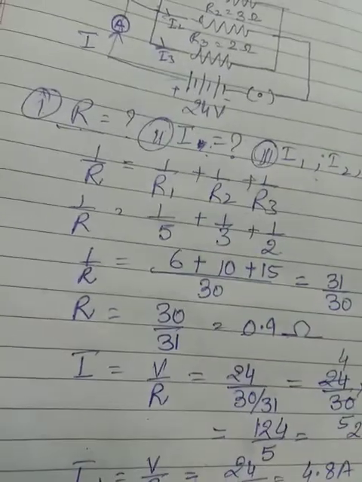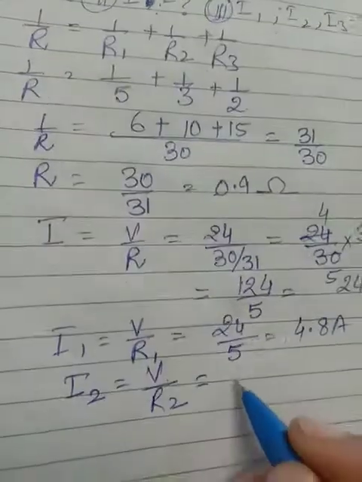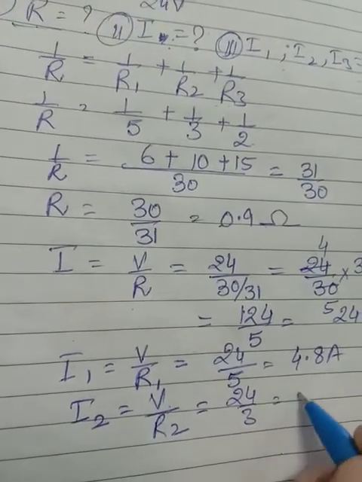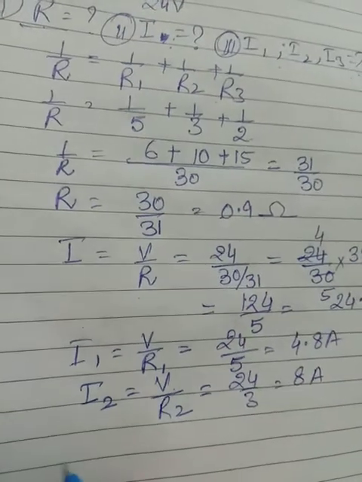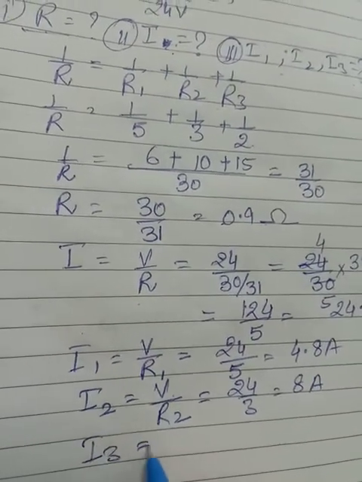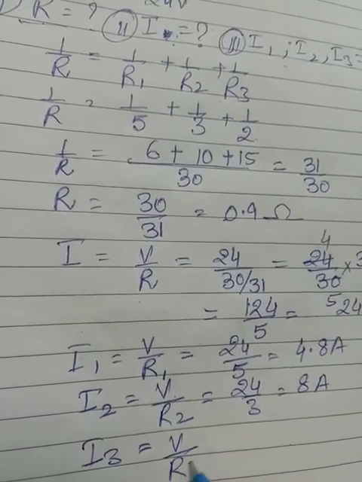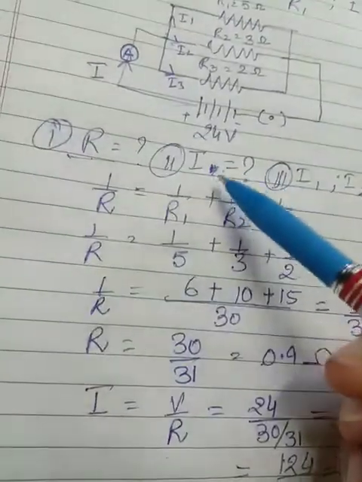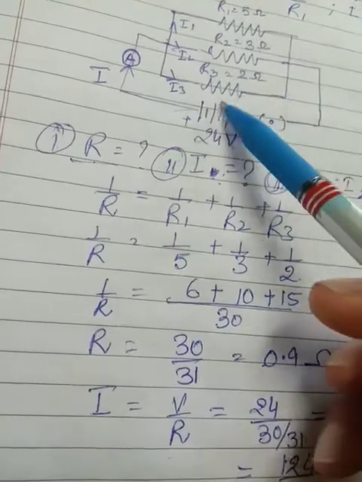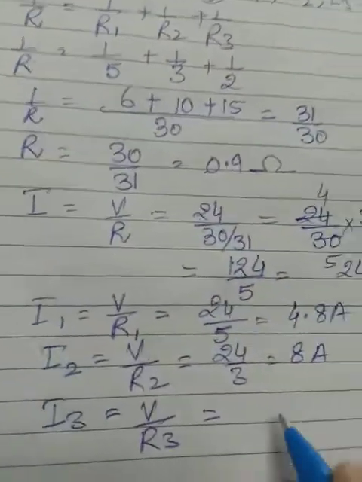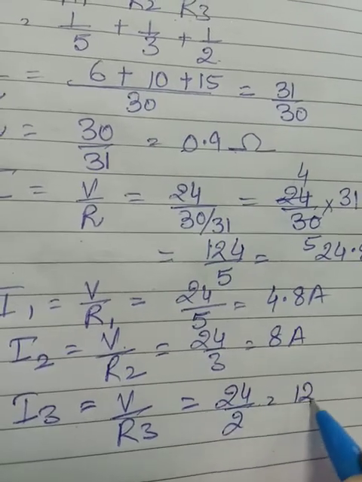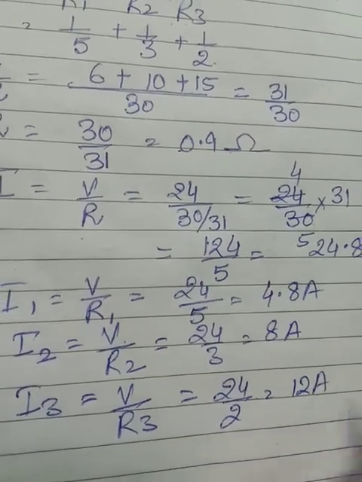Again the potential is 24 and R2 is 3, so 24 by 3 is 8 ampere. And now I3 is V upon R3. Again the net potential is 24 and R3 is 2, so 24 by 2 comes out to be 12 ampere.